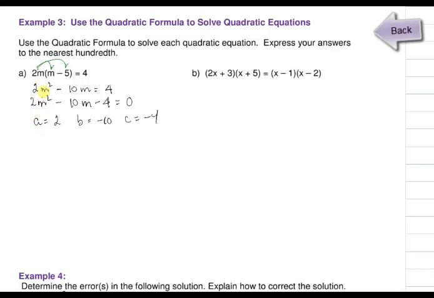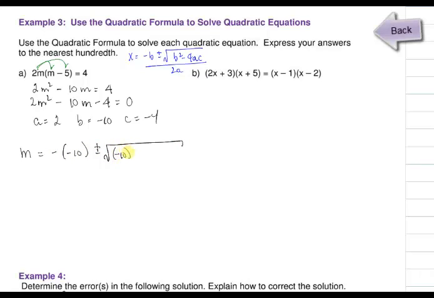And this time we're solving for m, so I'm just going to write m equals on my quadratic formula. And I'm going to write it over here for reference again. Okay, so m equals negative b, so our b is negative again, so negative times negative 10 plus and minus inside the bracket.